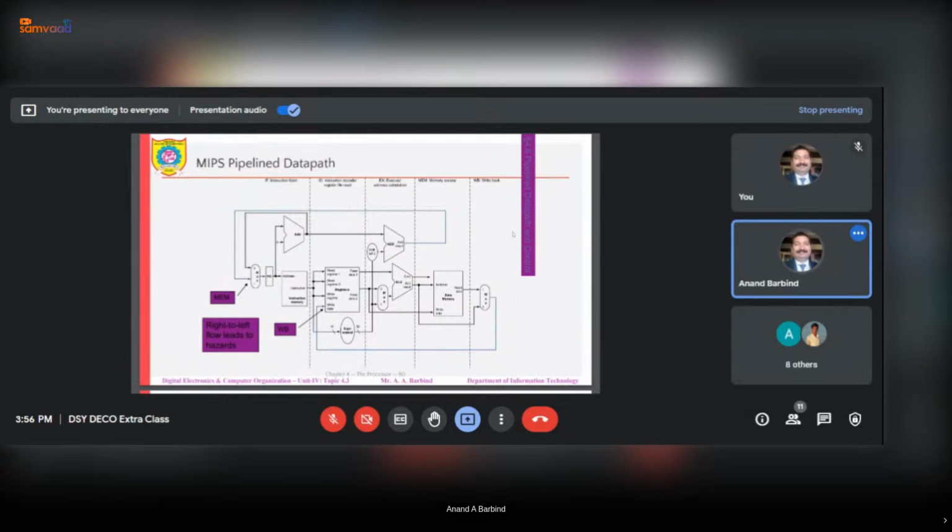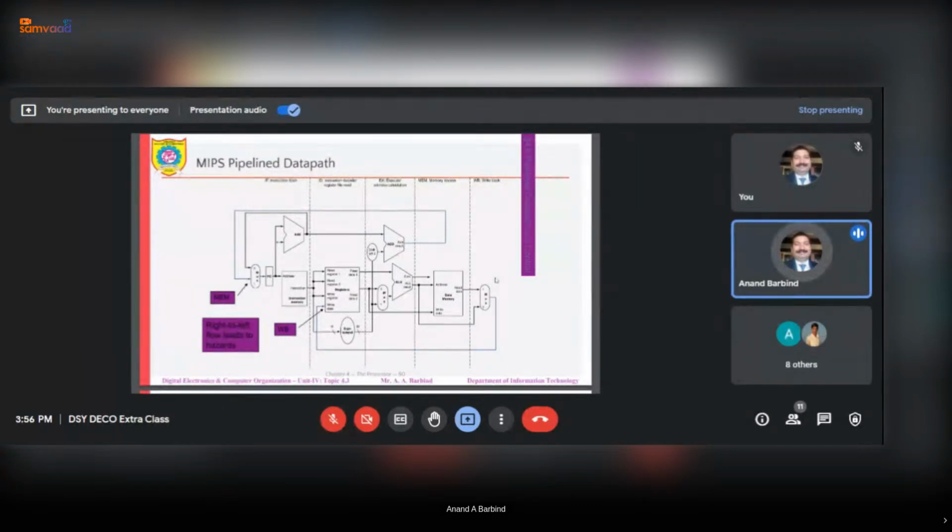So we assume that the register is available here also, but actually the register cannot be available in this unit and in this unit at once. So we say that the register file, or the register bank, is shared by the write back unit and the read register unit.